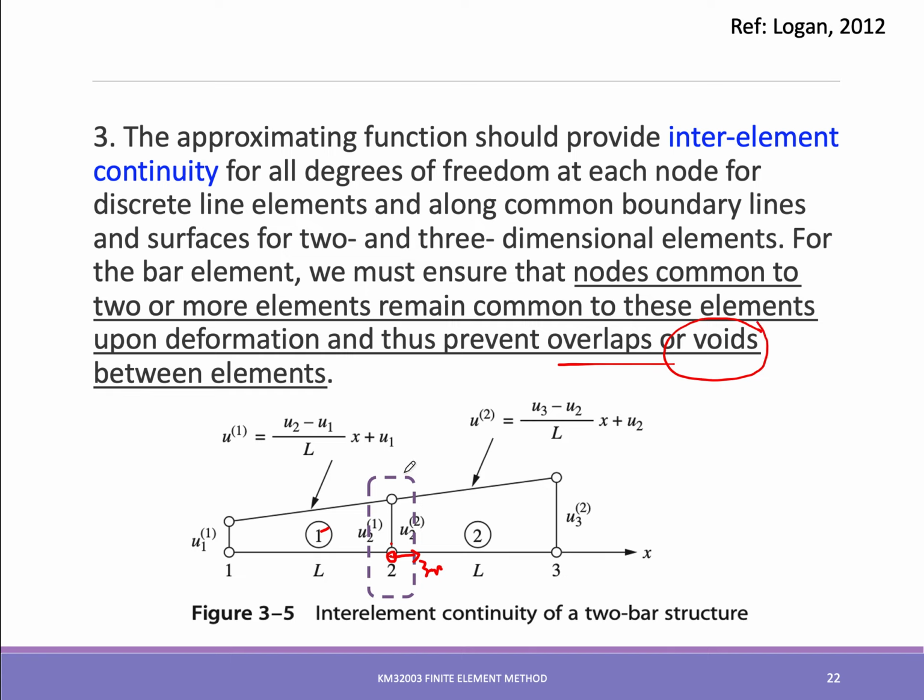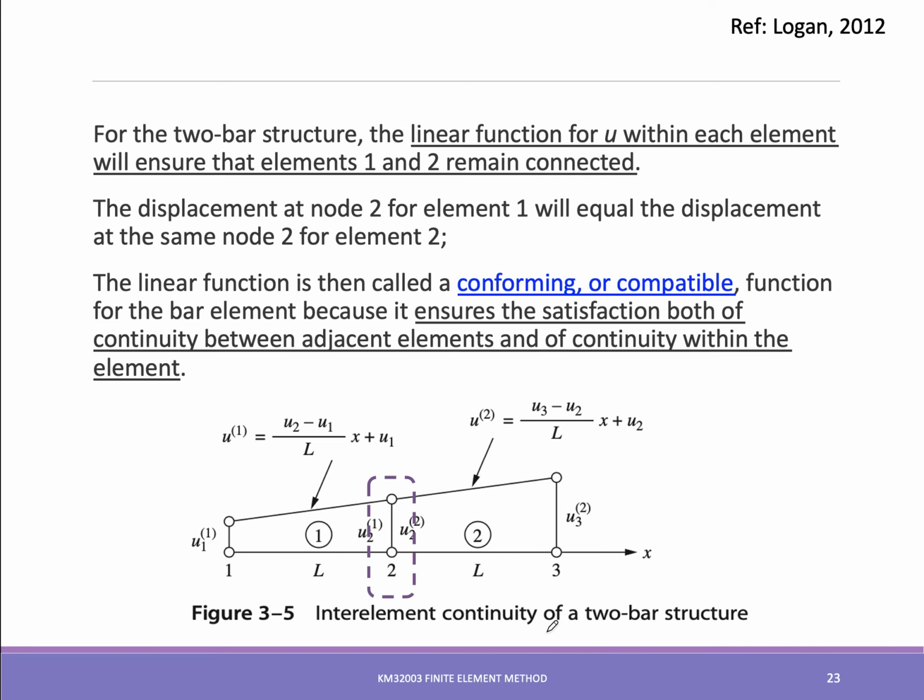So if due to element 2 it is only 2 mm, and due to element number 1 it is 3 mm, it causes a gap in between them, and this gap may cause overlap or void between the elements. So we don't want this to occur, right? So make sure there is continuity between them, right?